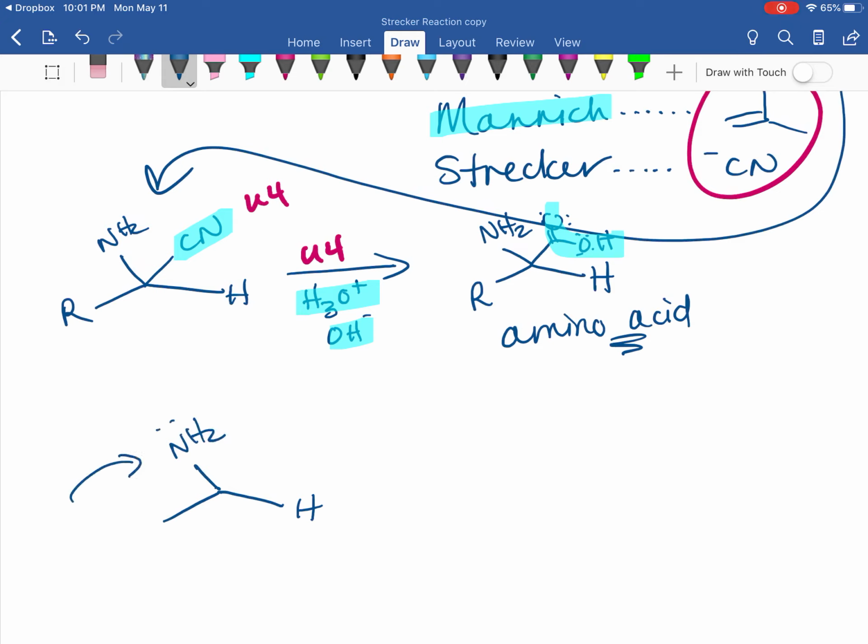And what is the definition of an amino acid? Okay. Well, we have an amine, nice basic functional group, connected to a carboxylic acid. And we have all kinds of functional groups that can go right here on that R spot.